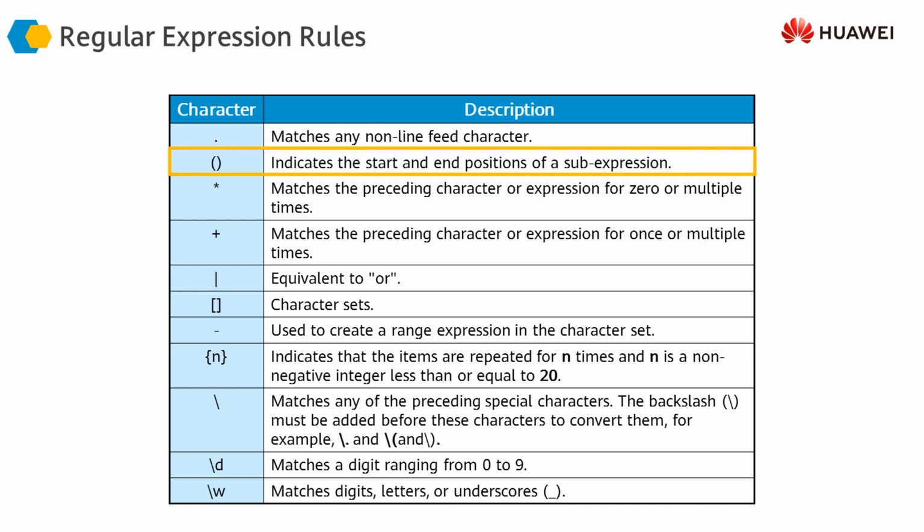Brackets mean that you are defining a sub-expression. If you give an asterisk, it means zero or multiple repetitions of any character. Plus means one or more repetitions of any character. And similarly, there are other regular expression characters which you can use for text identification, or for matching the text when you are doing text parsing.